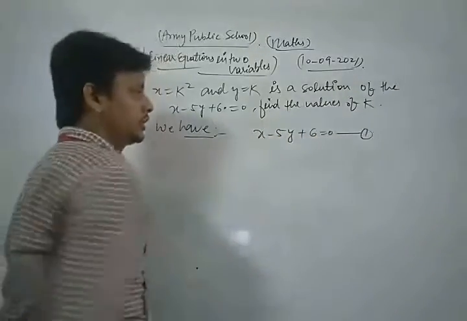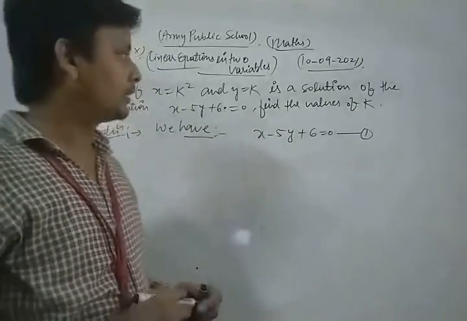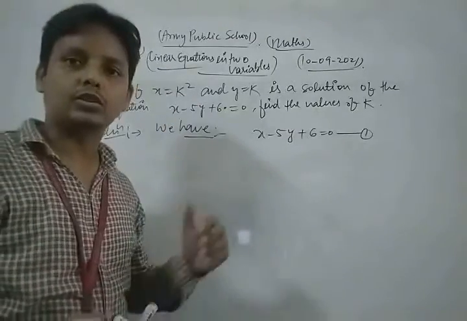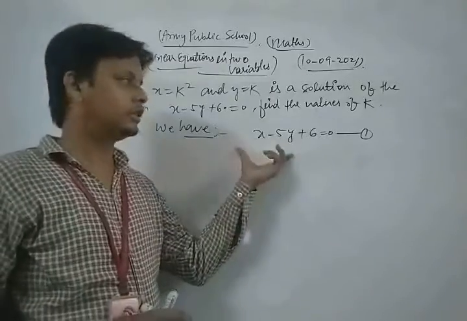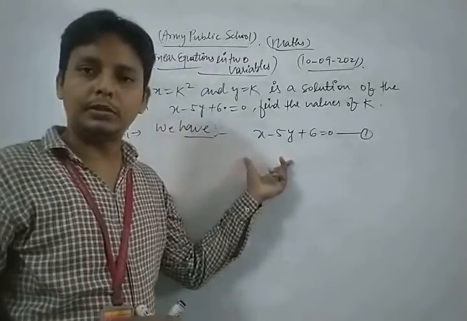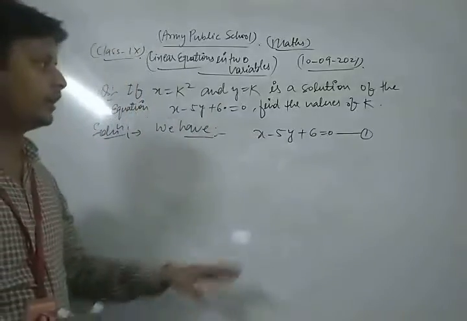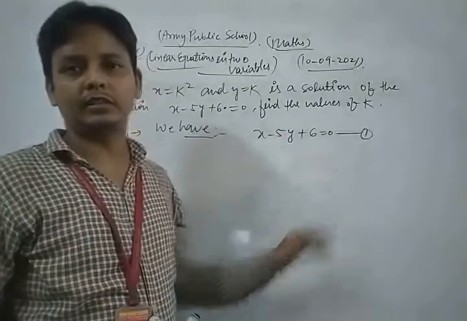Take this as equation number 1. In that question, x is equal to k square and y is equal to k is a solution of equation 1, so it must satisfy the given equation.